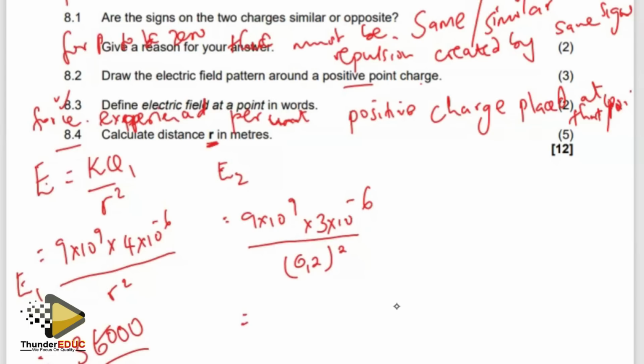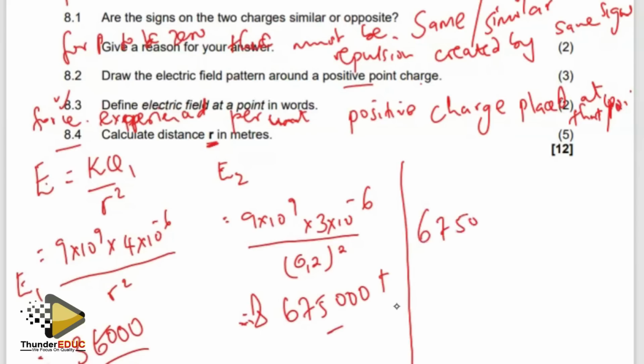That's 2.7. I'm dividing it by 0.2 squared, which is 67,500. So we're going to subtract the two and then equate to 0. Since this is to the right, which is positive, this is going to be negative. So 67,500 minus 36,000 over r squared must give us 0.